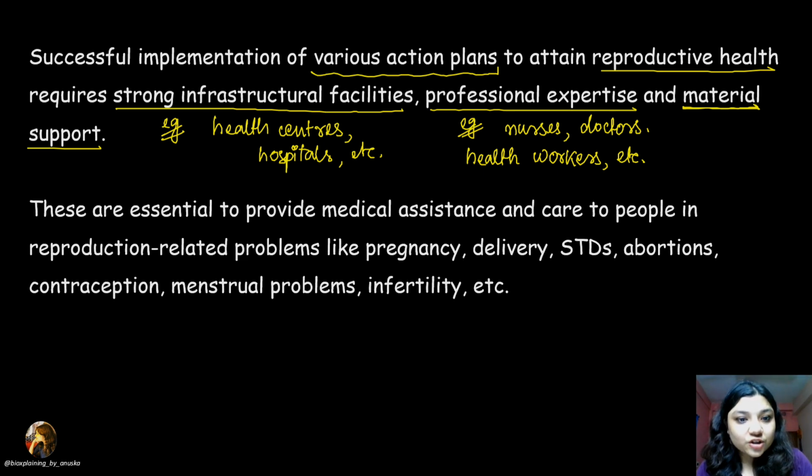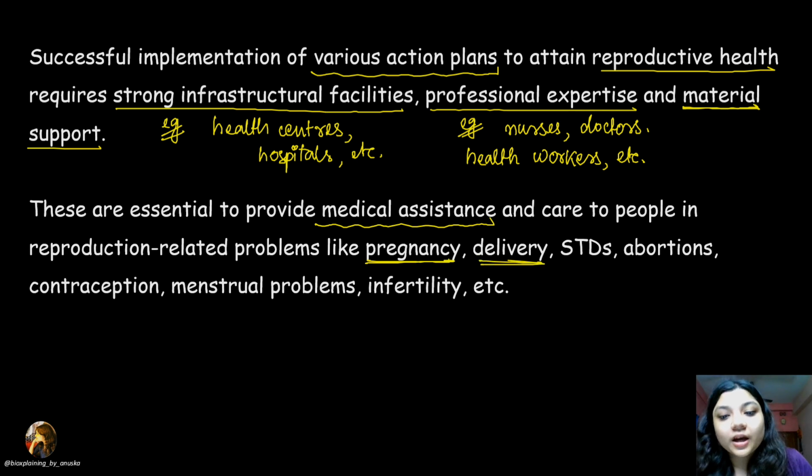Why is this essential? Because medical assistance needs to be given to people. Like what to do in pregnancy, what to do at the time of delivery, and if STDs, sexually transmitted diseases, happen, then not treating it as a social taboo and going to the doctor, properly following antibiotics or whatever line of treatment there is.